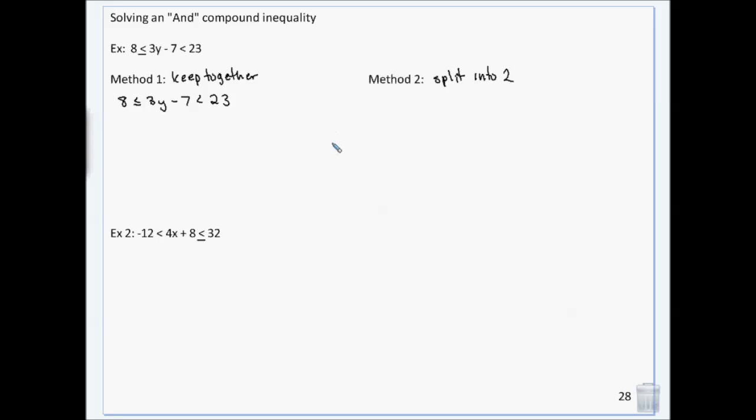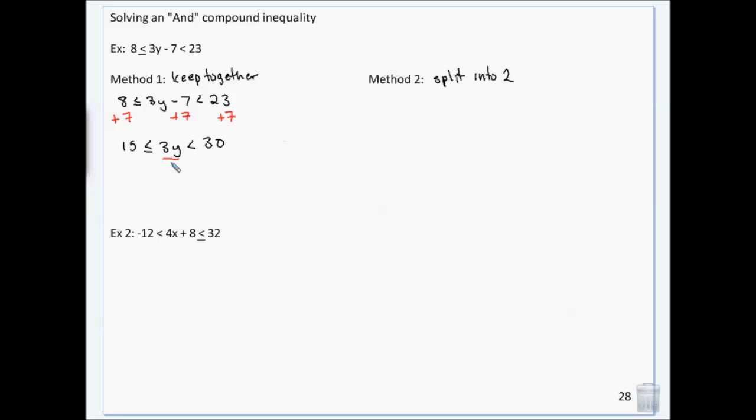So anything you do to 1, you have to do to 3 instead of just 2. Does that make sense? So I'm going to add 7 to get rid of that, but instead of adding it to 2 sides, I'm adding it to 3. So this would give me 15 is less than or equal to 3y is less than 30.